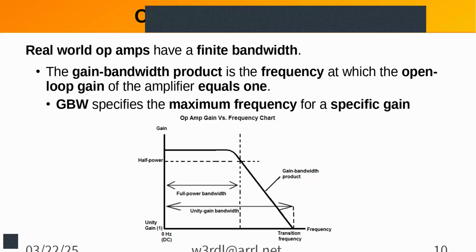But within that operating range, at lower gain you get a higher frequency because you're out here on this part of the curve. The slope is the gain bandwidth product. So unity gain is down here, and that's the highest frequency. It looks like the low pass filter, but it's not.